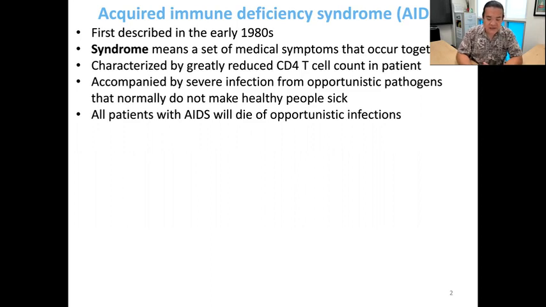The real standout hallmark of AIDS is greatly reduced CD4 helper T cell counts in patients who are suffering from AIDS. And as a result, the T cell arm of our adaptive immune system is highly compromised, right?